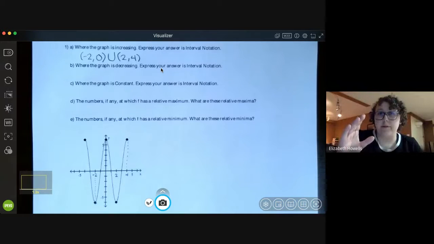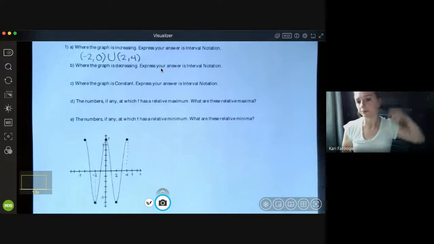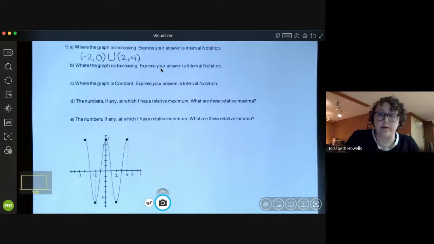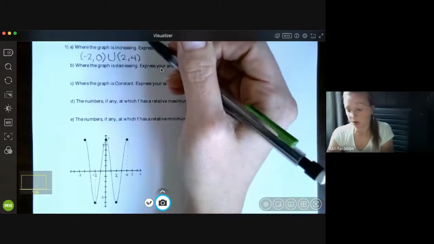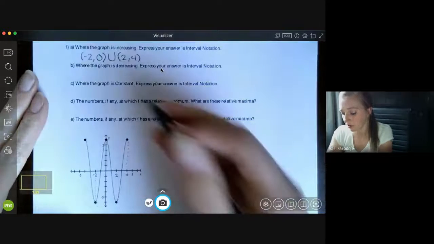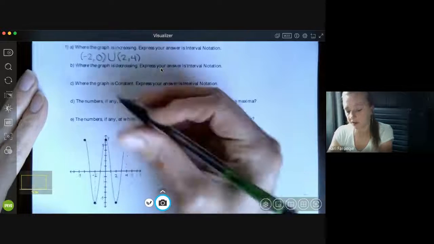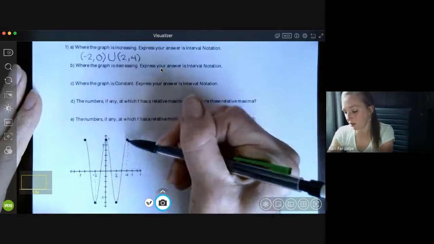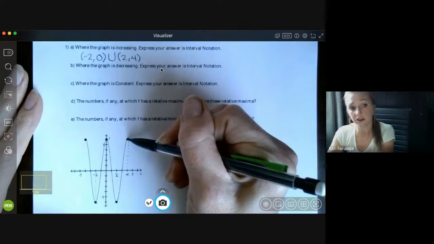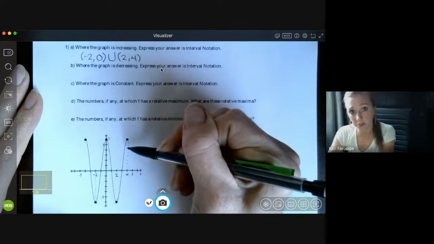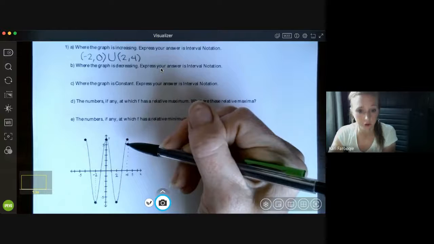So the last point doesn't have a bracket on it either? Okay, great question. Yeah, so for the last value for 4, same idea here. We are increasing up until we get to 4. Now, technically, we don't really know what happens at 4, but because it stops, it can't be increasing.